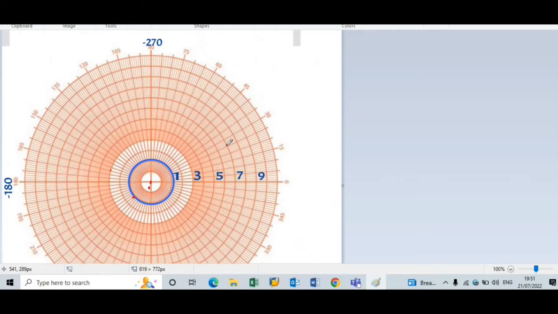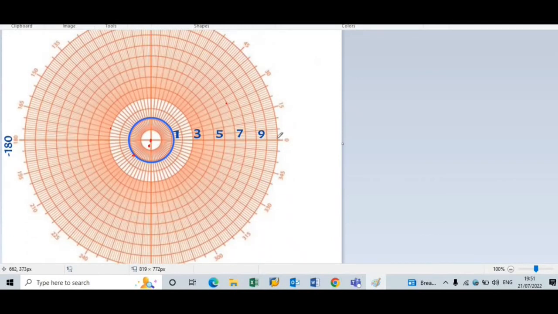Now we will move to the next, that is 9.72. This 9.72 has a minus 30 degree angle. So how to choose? Here is the circle with magnitude 9. We will take 9.72, that is, it is previous or nearer to this 10. So we will select a point here. For this 9.72, the angle is minus 30.